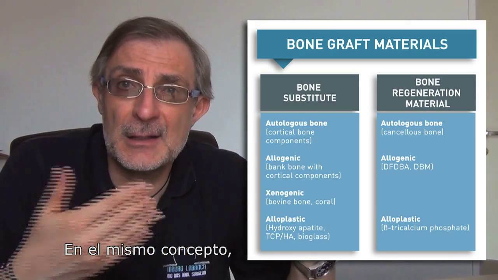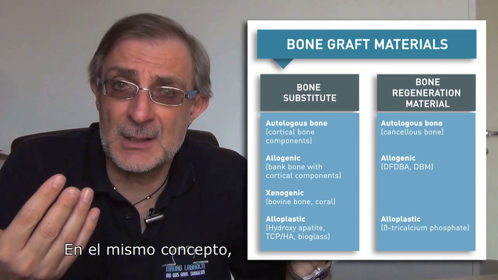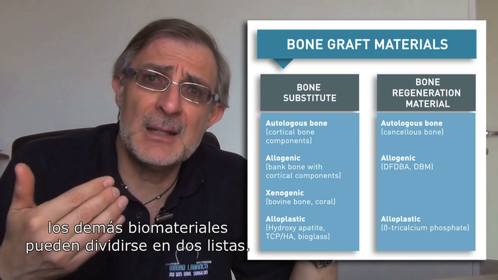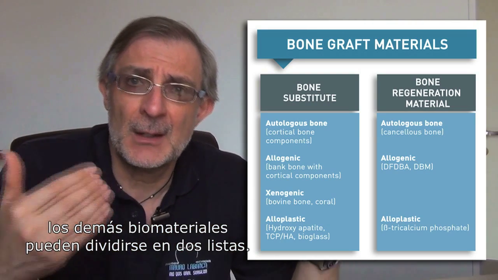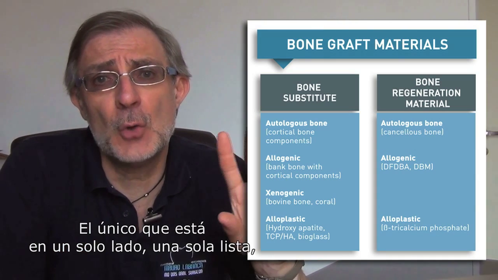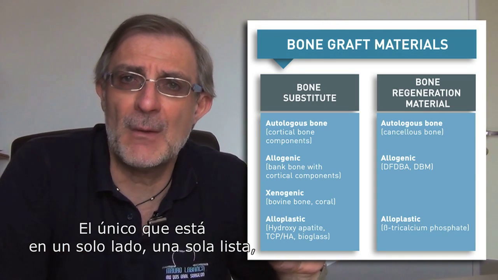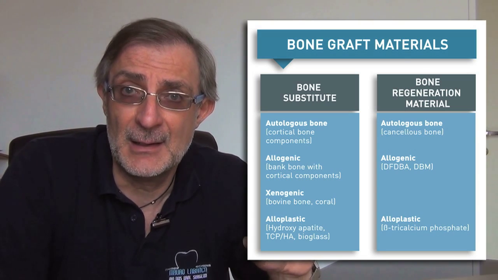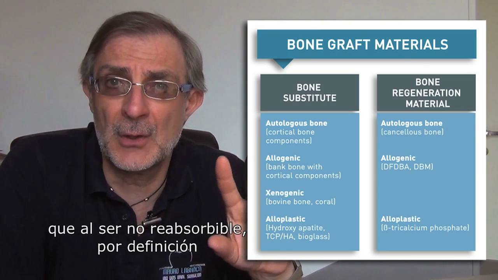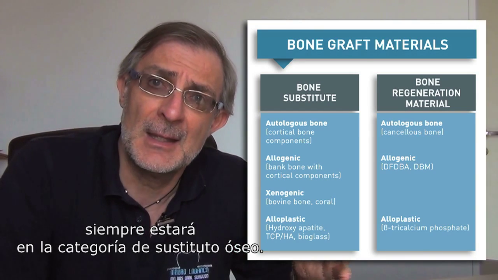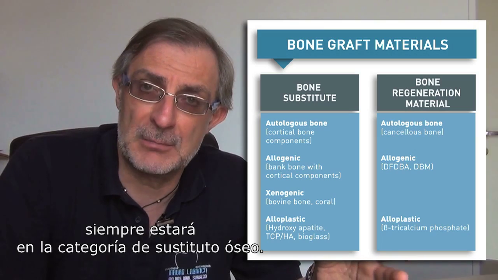And in the same concept, all the other biomaterials can be divided between the two lists. The only one that belongs to only one list is the xenogenic biomaterial, that, because non-resorbable by definition, will always remain on the side of bone substitute.